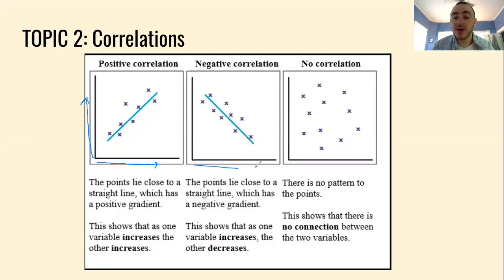Or as one variable increases, does the other one decrease? That would be a negative correlation. And in no correlation, we can't form a line with the data points, so we know there's no connection between the two variables. If you want to see an example of this, we're going to move on in just a second. Again, pause if you need to.